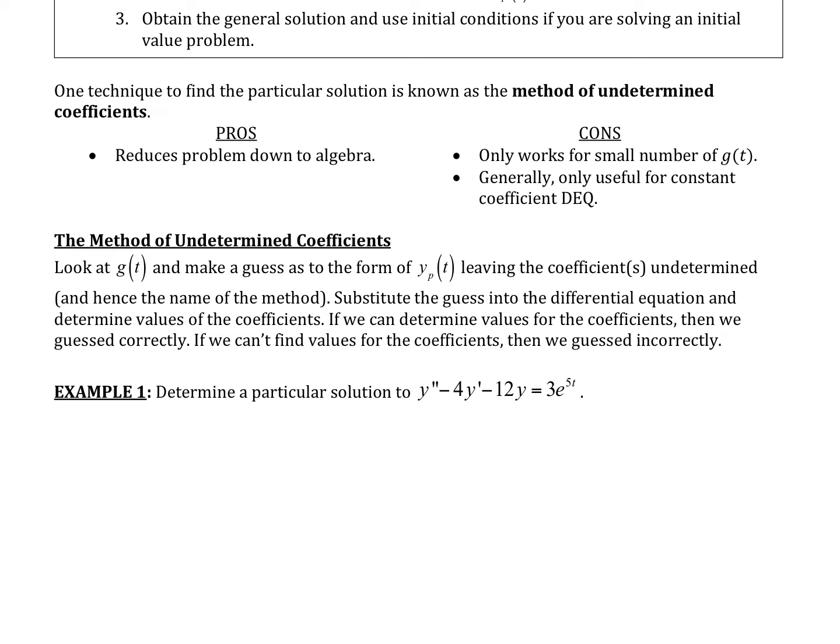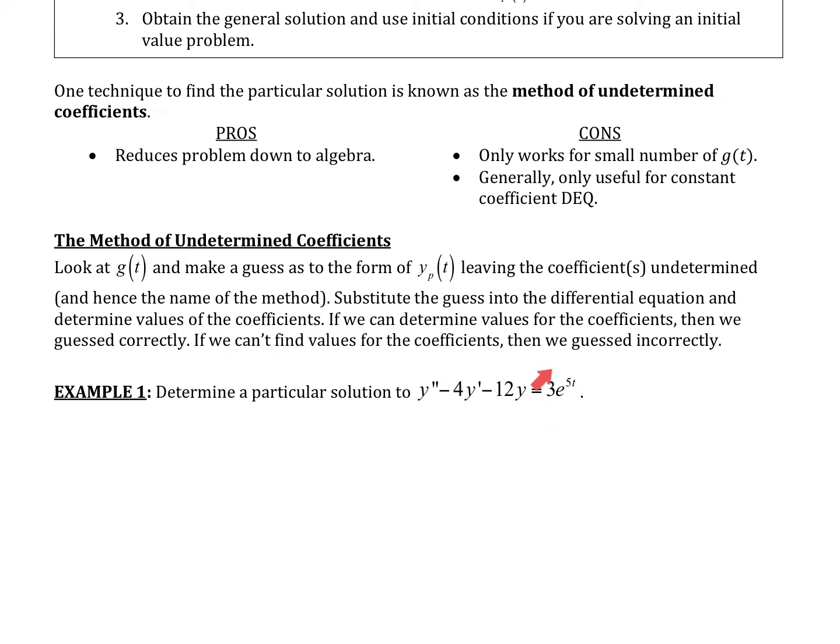We're going to look at this part here, and we're going to make a guess as to what the answer might be. Okay? Now, we can use some pretty good techniques in guessing because we know that we're going to be taking derivatives to be able to solve this. What type of functions give us derivatives that will yield 3e to the 5t as an answer? That's a rhetorical question. You don't need to answer that at the moment.